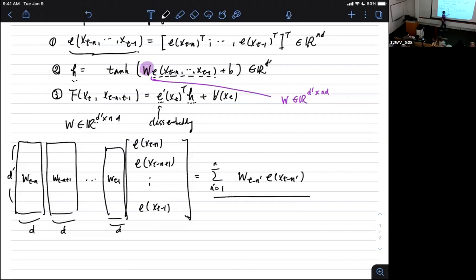And then what we see is that for each n prime, that is, how far the word is from the word that we want to predict, we have a separate parameter. So in some sense, we're treating the word embedding of a word at each of the different locations completely separately from each other.